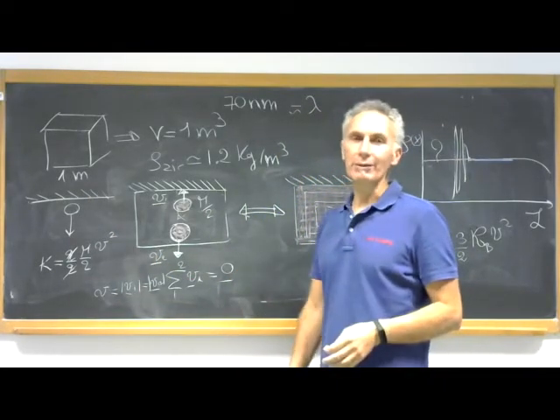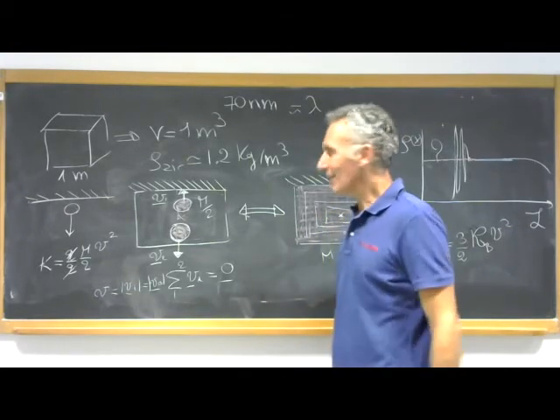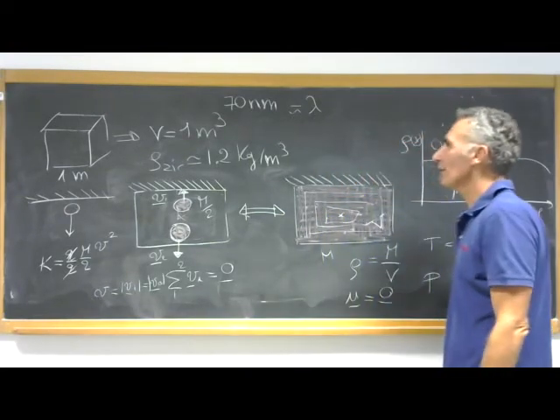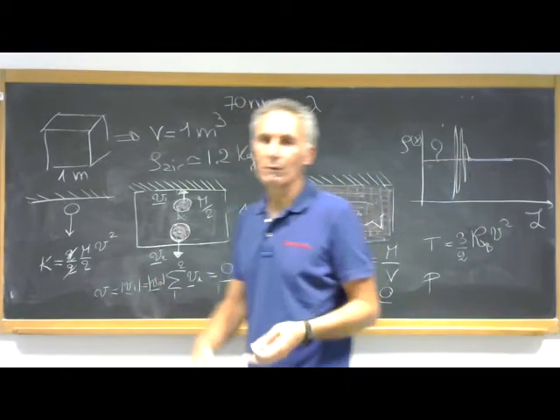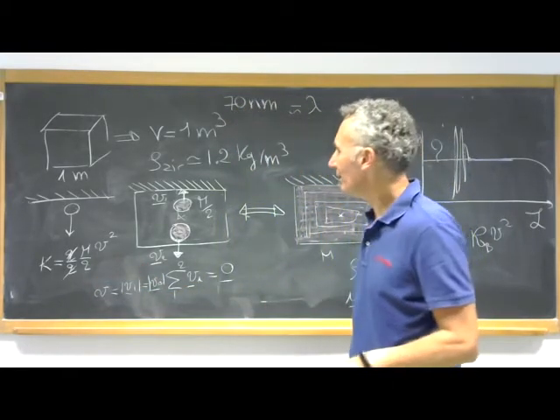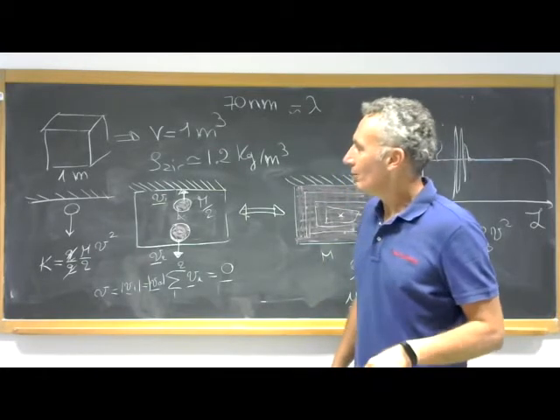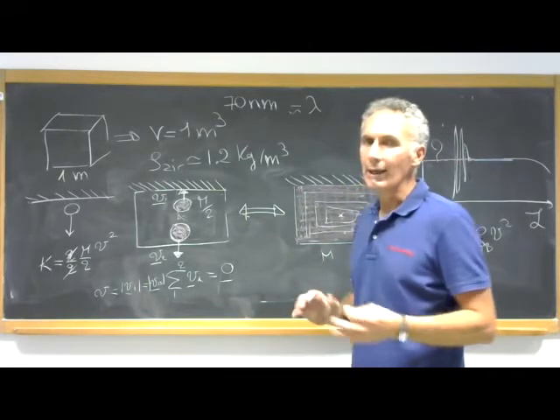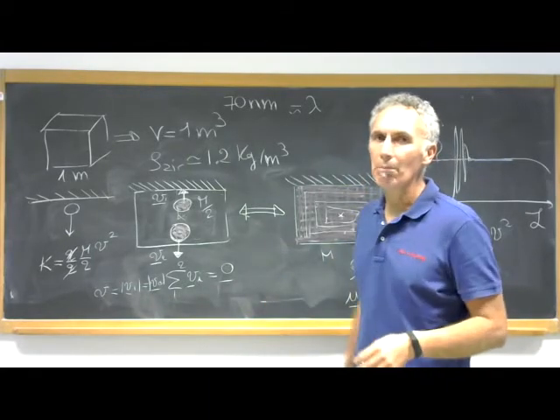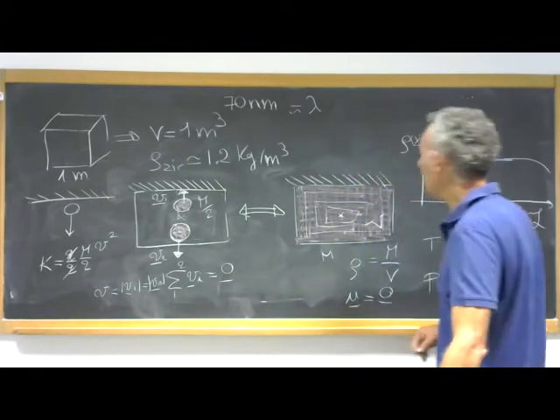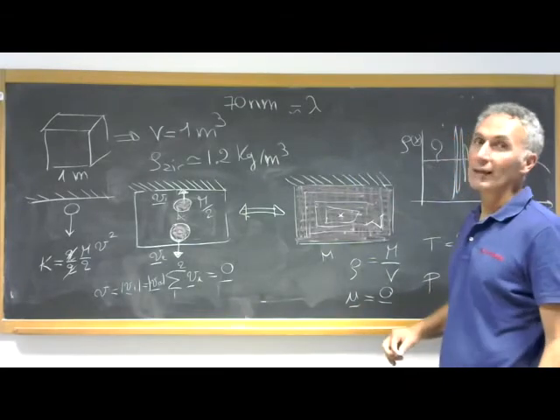Now, how many molecules? Well, this is a bit more involved, because counting molecules, of course, is hopeless. So what I should do is to find a way to connect a number of molecules to some mass unit, and fortunately we have the Avogadro number.